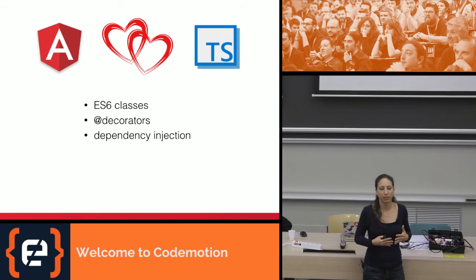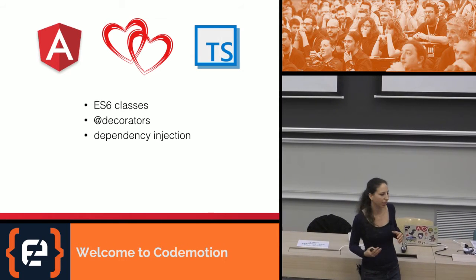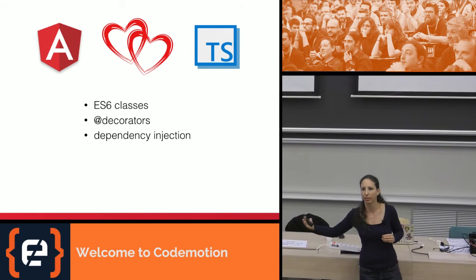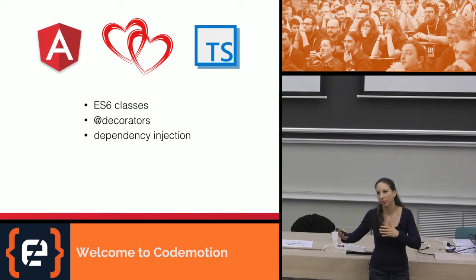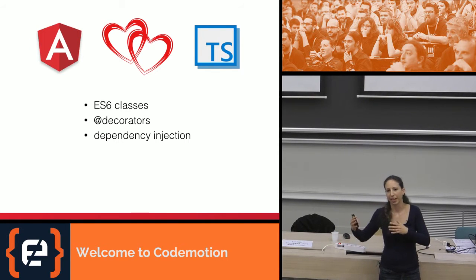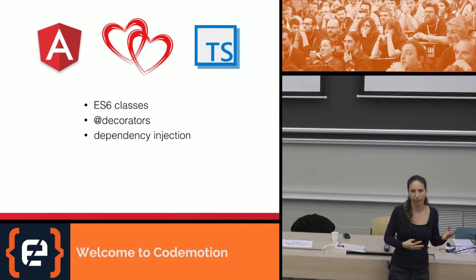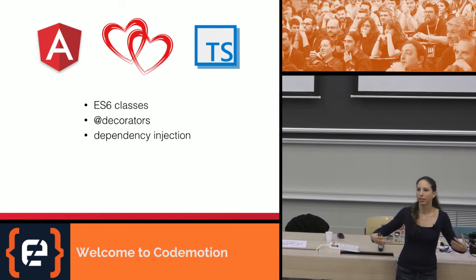And dependency injection is much easier with TypeScript because we declare that we want some type of service, so we just give it the service type, its class. And Angular can take this class and look for the instance of this service. So it's really, really great and it helps us in developing.